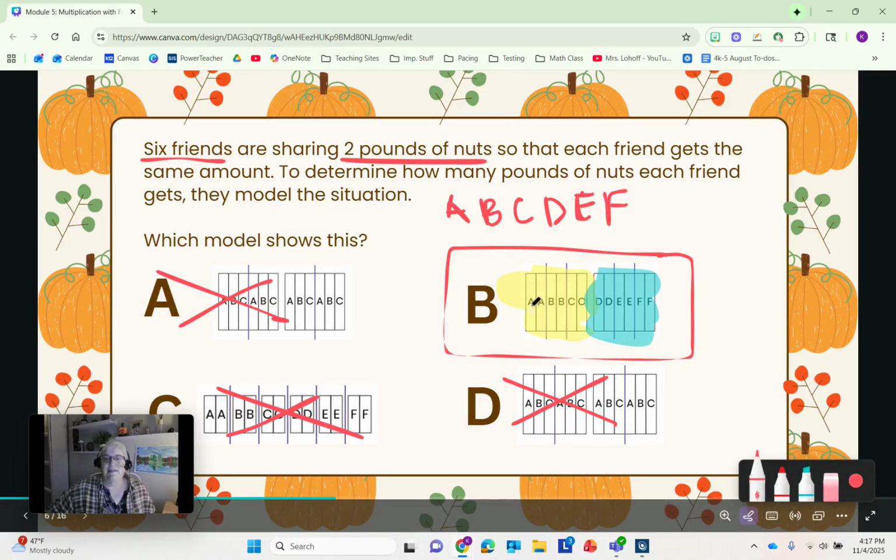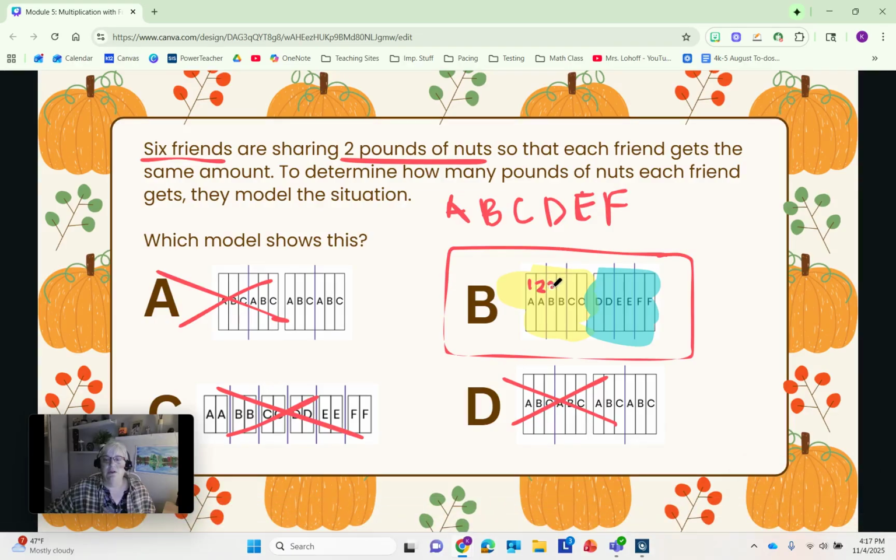So if we look, we can see here's part 1, 2, 3, 4, 5, 6. And this pound is also divided into 6. 1, 2, 3, 4, 5, 6.